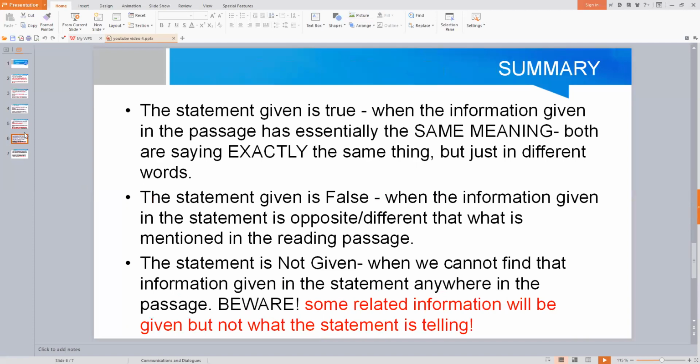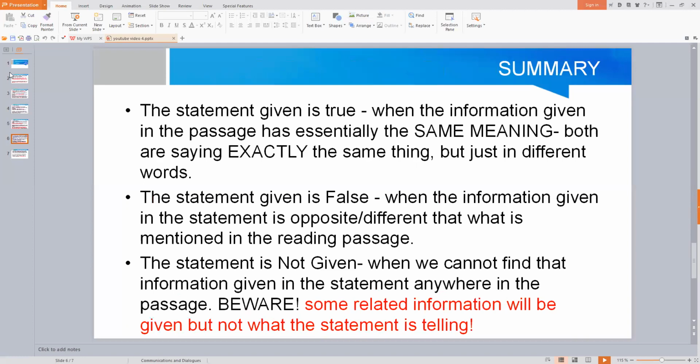I gave you an example earlier about the employing thing, Sarah and Jane. The paragraph was saying something else.